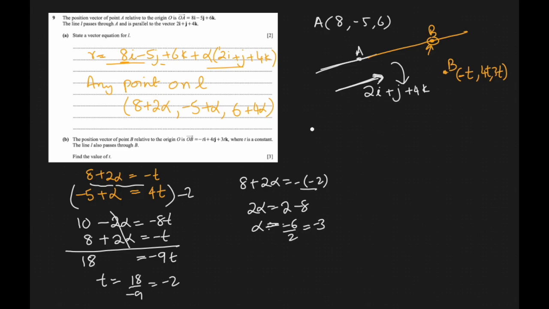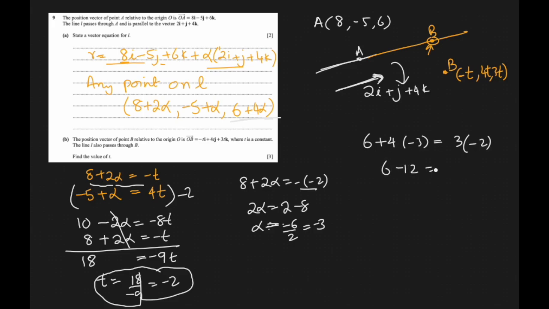Only this much you need to show in your exam, but I'm finding this to confirm that the answer is correct. So t is minus 2, alpha is minus 3. Let's see if it satisfies the third part: 6 plus 4 alpha, which is minus 3, is equal to 3t, 3 times minus 2. So 6 minus 12 equals minus 6, which is true.